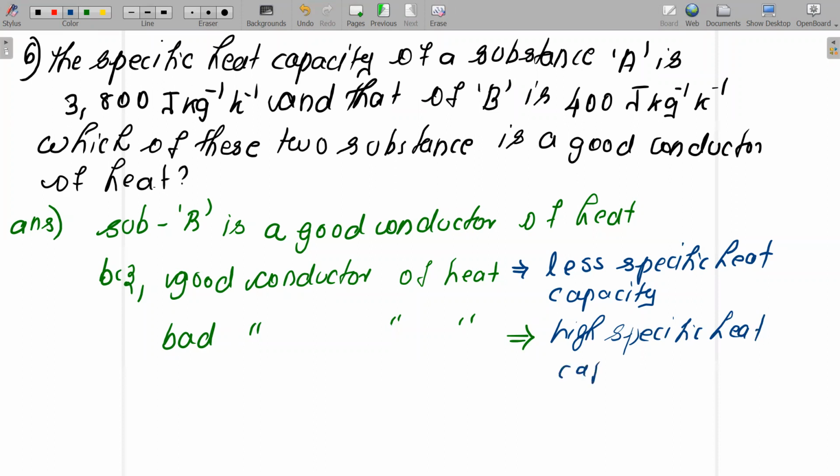Children, sir will tell you one small trick. In future also, if you are preparing for any exam, don't do hard work, do smart work. What do I mean by smart work? You can see those places where they are taking questions, right?